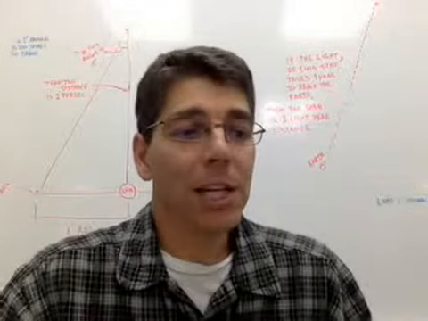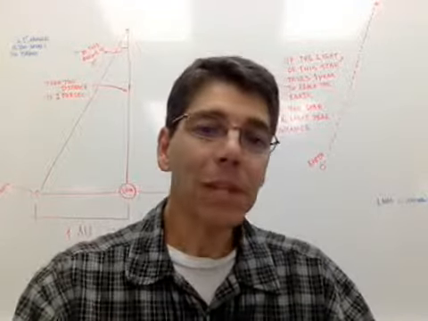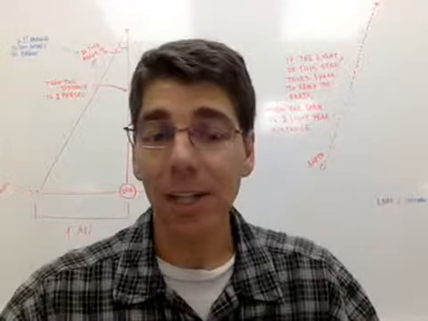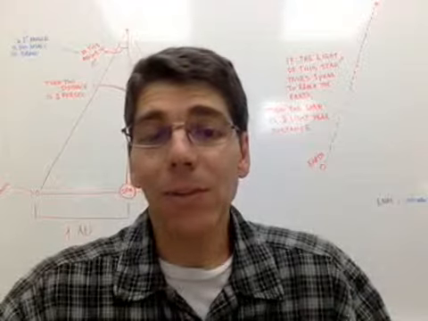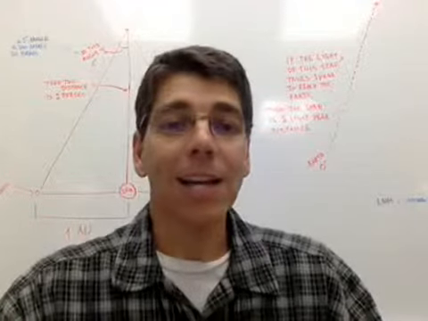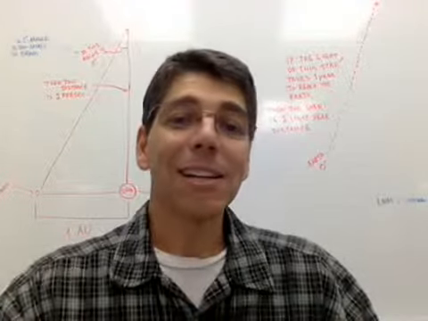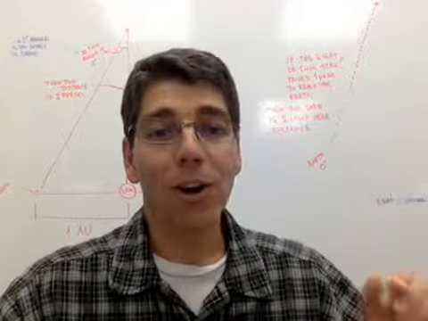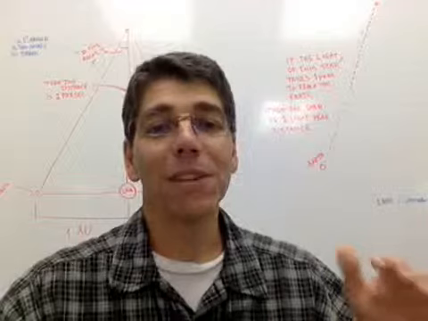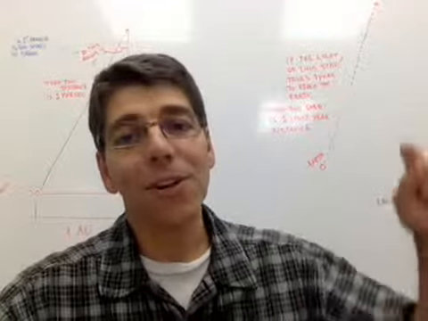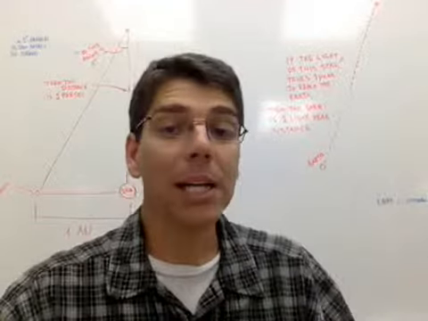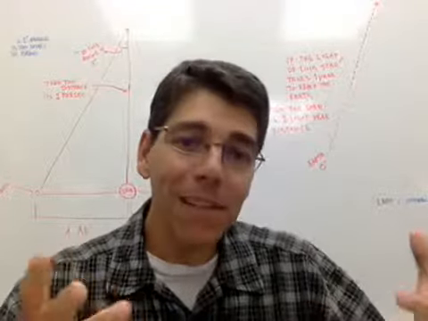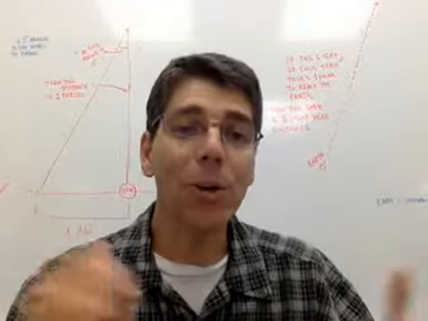For example, in the metric system, the unit of measure is the meter. Originally, the meter was defined as the 10 millionth part of a quarter of the distance between the equator and the North Pole. All right, so that was the original definition, and so they measured that distance and they came up with what is a meter.